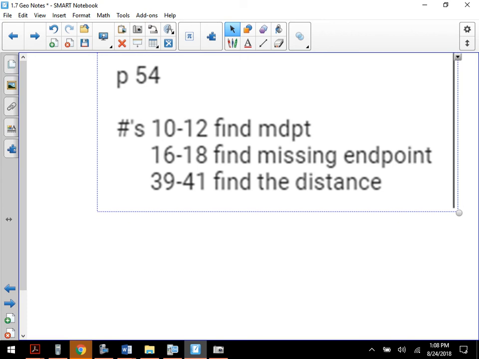It'll be all right. As you go through them, you've got 3 of them where you're finding the midpoint. You've got 3 of them where you're finding the missing endpoint, and then 3 of them that you're just finding the distance.